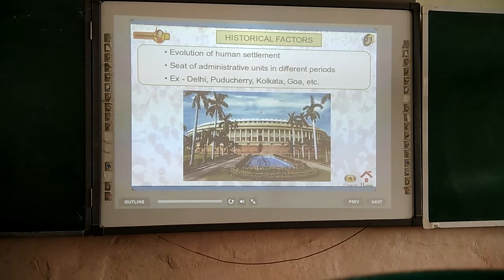The major historical factors because of which any place is populated are evolution of human settlement, seat of administrative units in different periods, examples Delhi, Puducherry, Kolkata, Goa, etc.